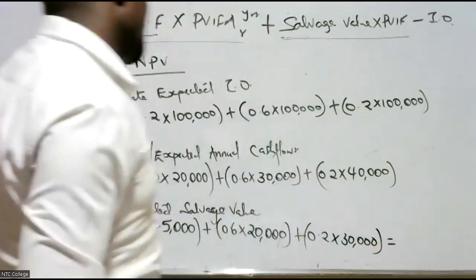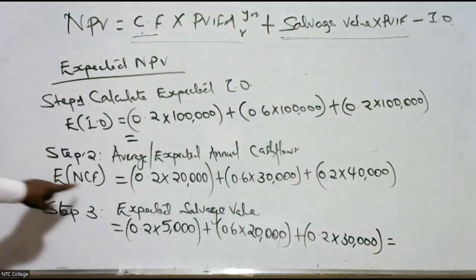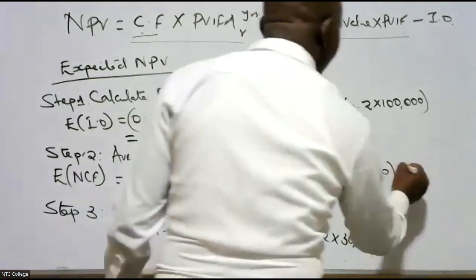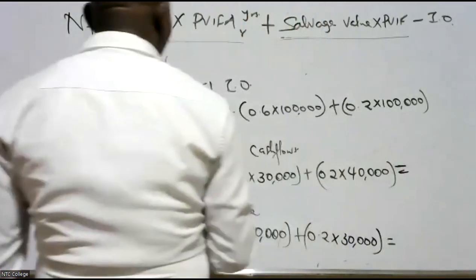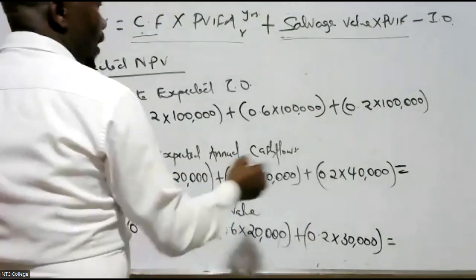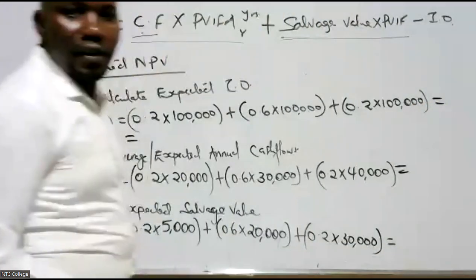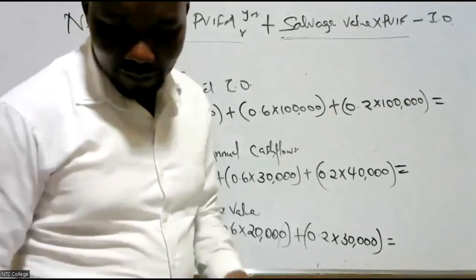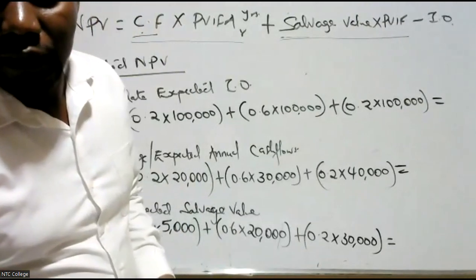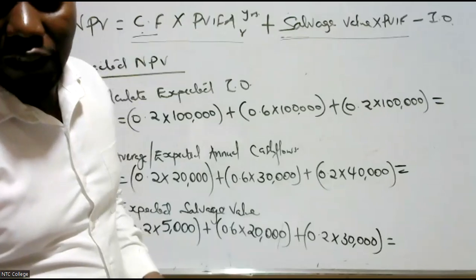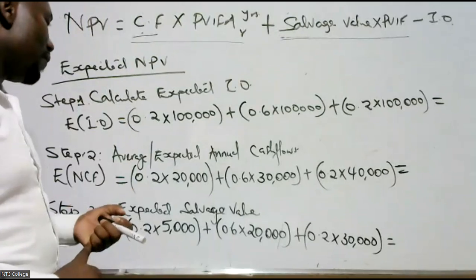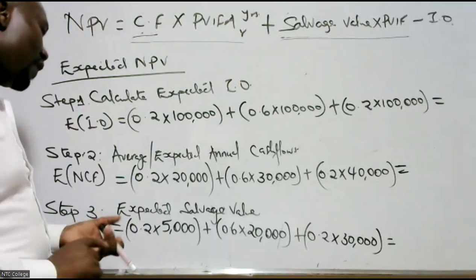So get me the salvage value, the annual cash flows, because they are regular. Whatever answer you're going to get here is the annual one, and then we have also this one here. So we should be able to have all of them. Calculate and share with me. Tell me the IO is what, which figure, annual average cash flow, and then the salvage value.